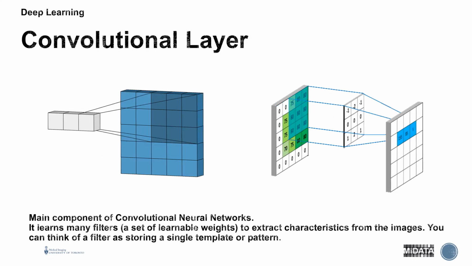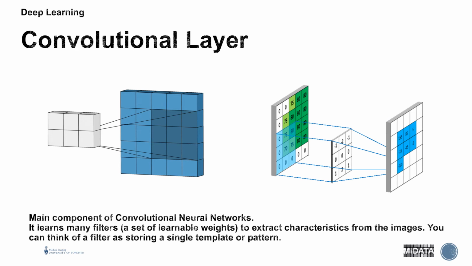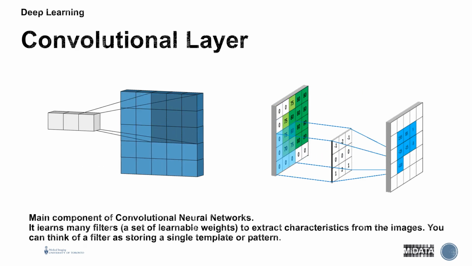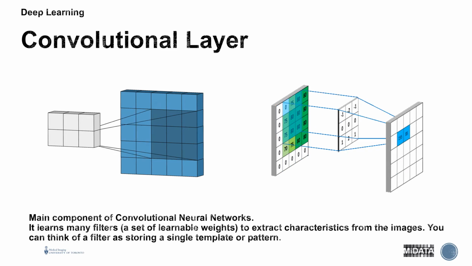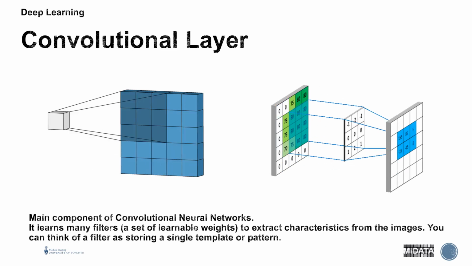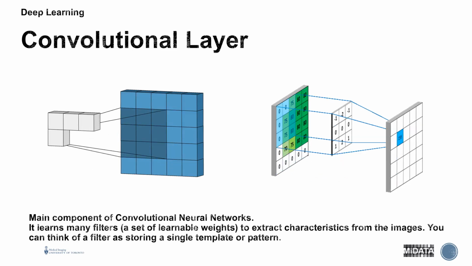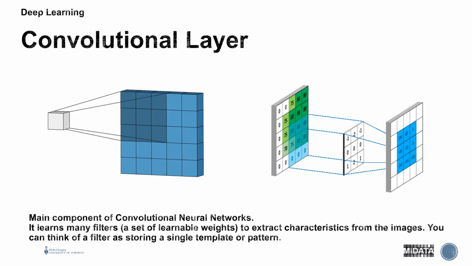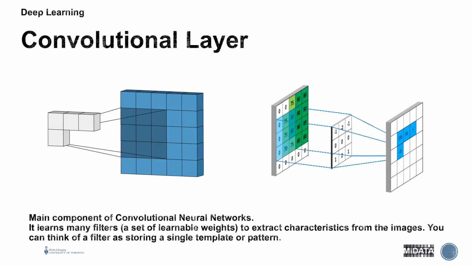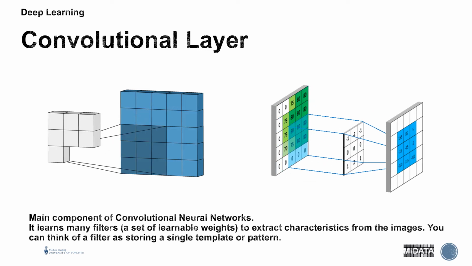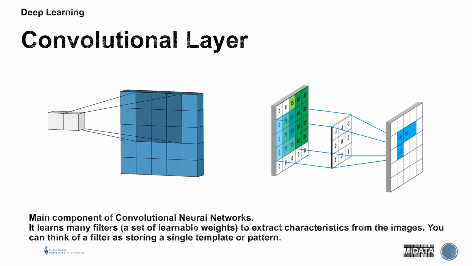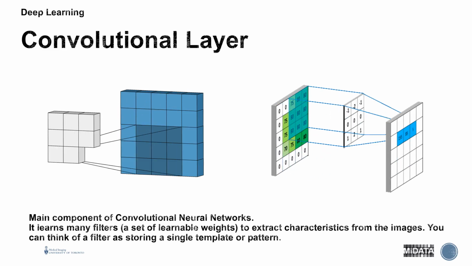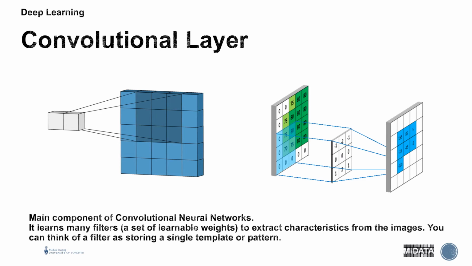Following the input layer, we will have, for instance, an image that is 5 by 5 pixels, as represented here on the slide. The next layer is the convolutional layer in our algorithm. To convolve means to go around. In this case, what we convolve with is a filter, which is basically a set of learnable weights.